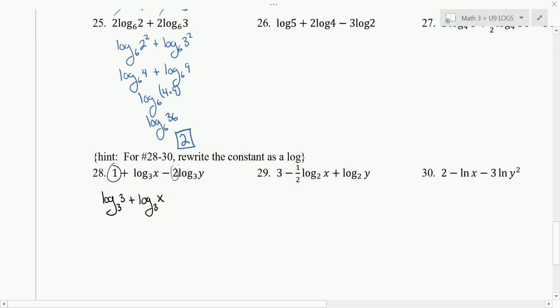And I'm going to move the 2 to be a power. So the first 2 I'm going to use the product property on. And then the quotient property.